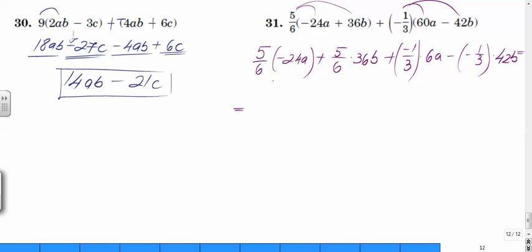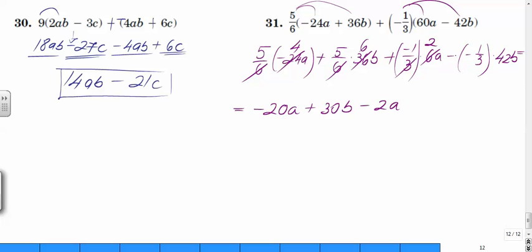Now here, positive times negative is going to be negative. 6 goes in 24, I can cross cancel, 4 times, right? So it'll be 5 times 4, 20, 20a. Moving on, 6 goes in 36, 6 times, 5 times 6, 30b, right? 3 goes in 6 here, 2 times, negative 1 times 2 will be negative 2a, right?